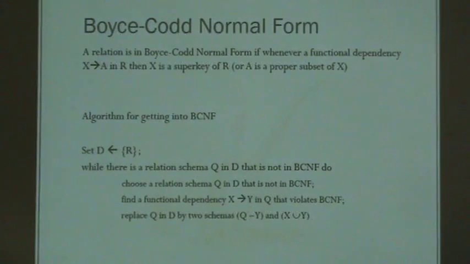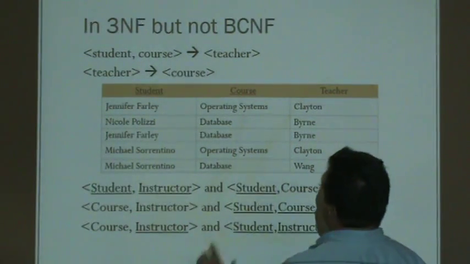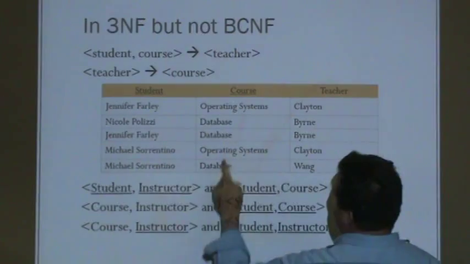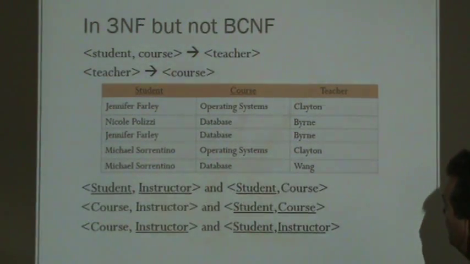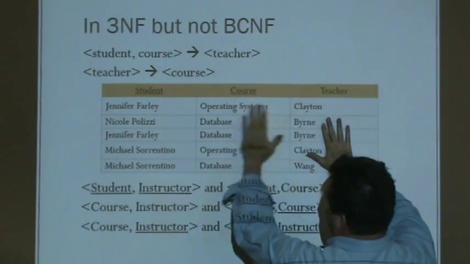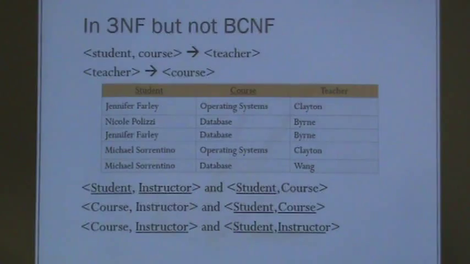So what that would end up being would be Q minus Y. So for example, this field tells you this field, so what we'd have to do is replace it with instructor and course, and then instructor and student, and that would be a way to break it down.